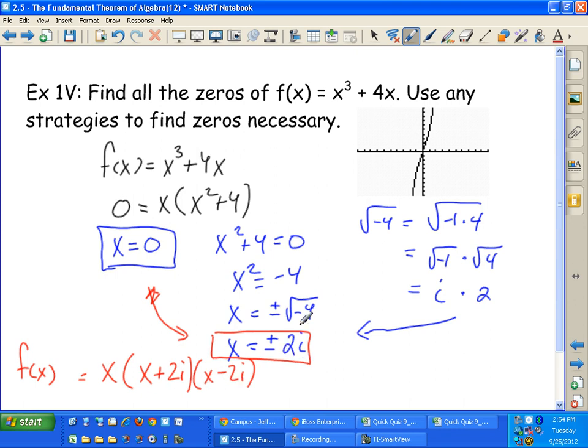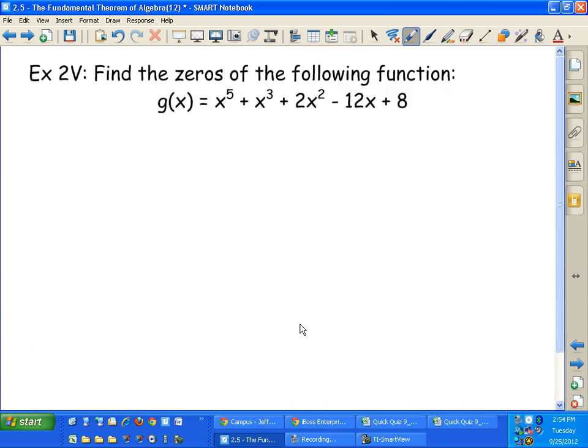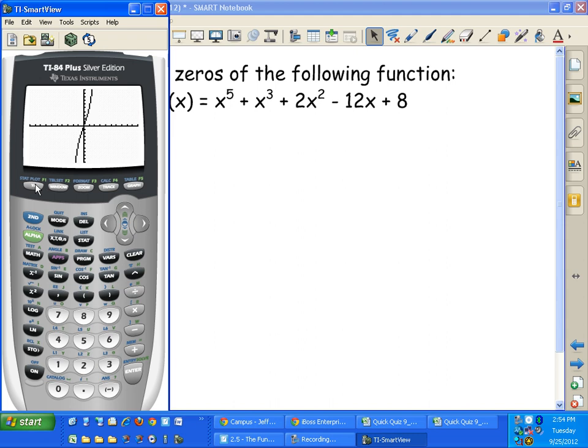So for something like this, if we want to find the zeros of the function and you don't have any place to start, I would probably graph it and see what happens. Hopefully we'll get a factor that crosses the x-axis.